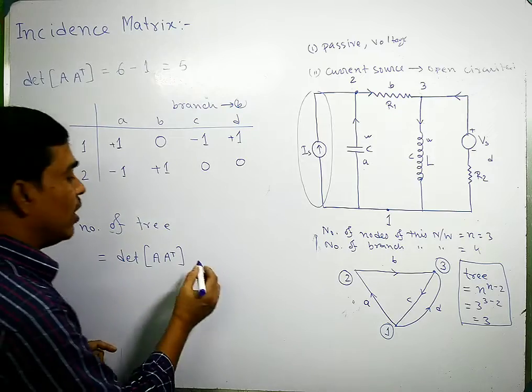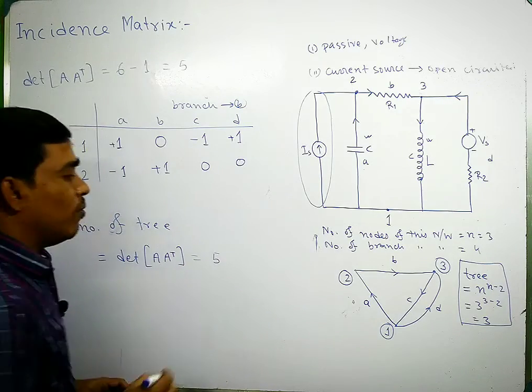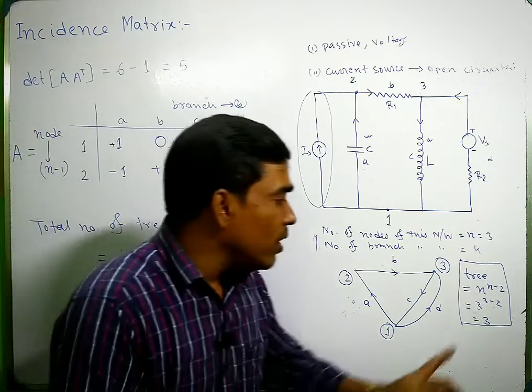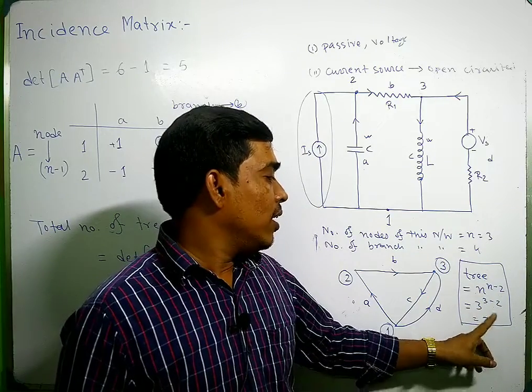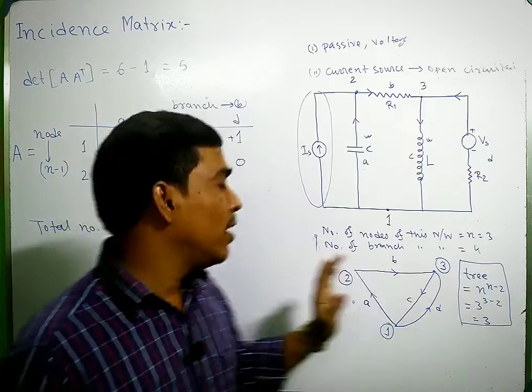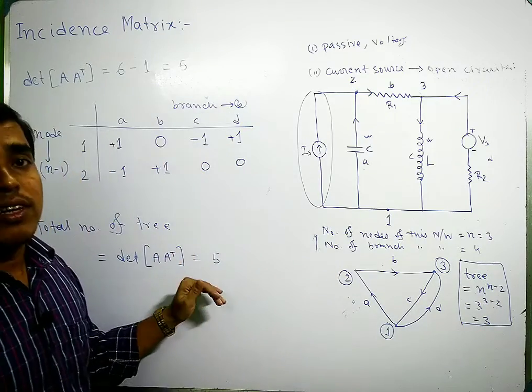In this case the number of trees is given by 5, but using the earlier formula we got that the number of trees is 3, while the actual answer is 5.